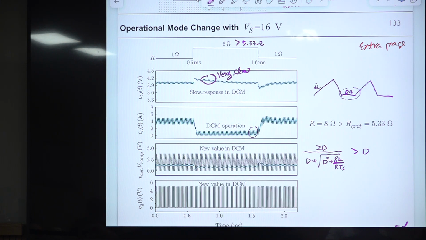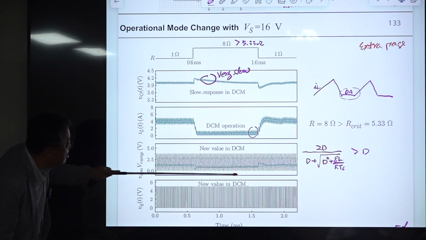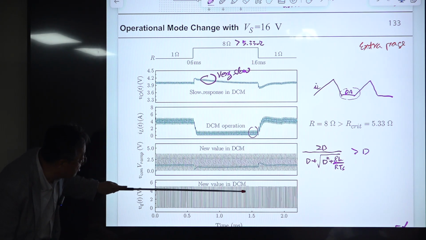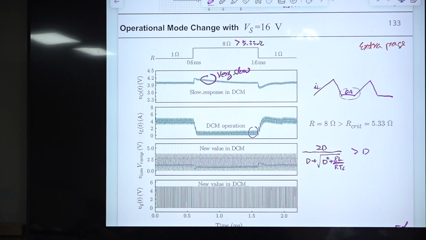Other than that, it's very similar to the previous case. During DCM, the control voltage is reduced compared to the previous one, and the duty ratio is obviously reduced. If you compare this part and this part, you can see the reduction in the duty ratio.